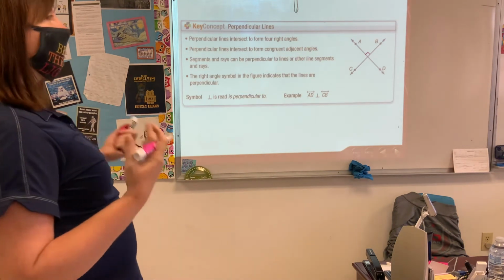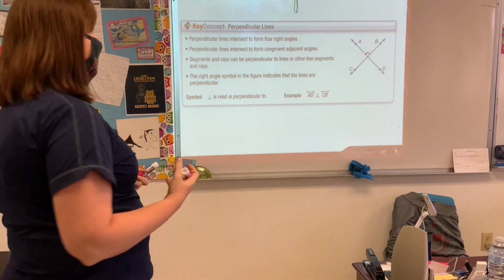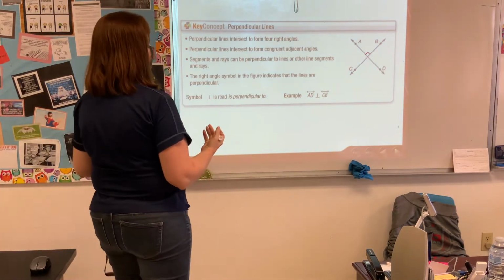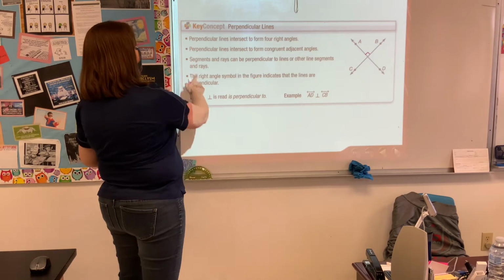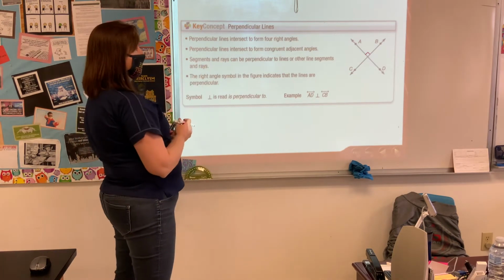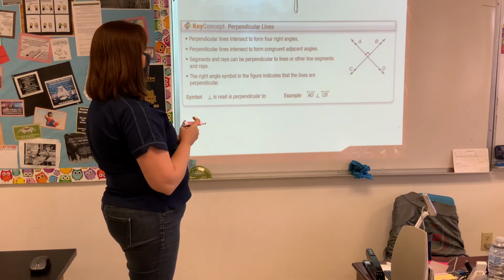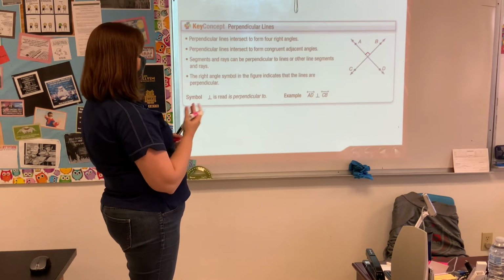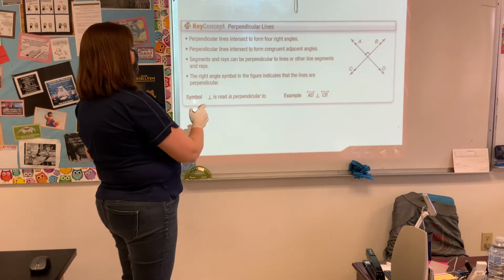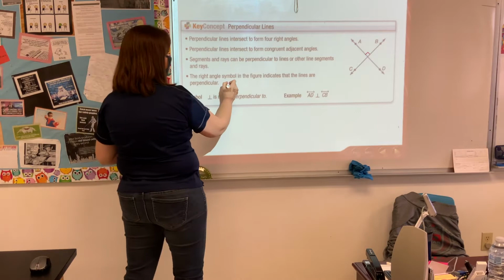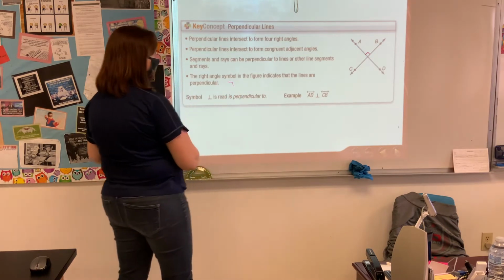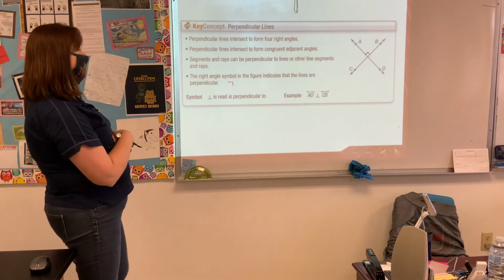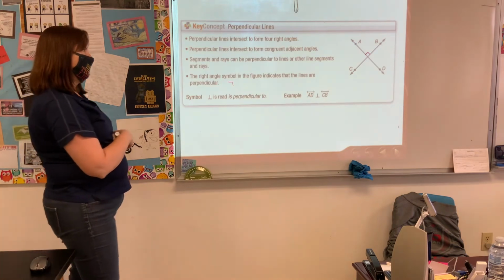Okay, they're going to be congruent, meaning that they're the same size, the same measure. The segments and the rays can be perpendicular to lines or other line segments and rays. And the right angle symbol, which is this right here in the corner, indicates that the lines are perpendicular. Okay?